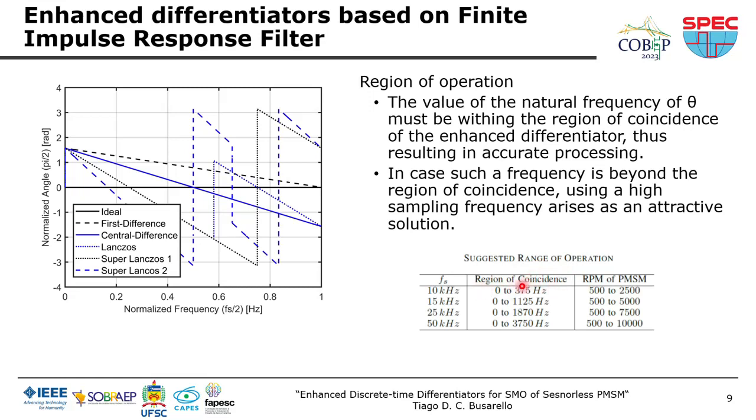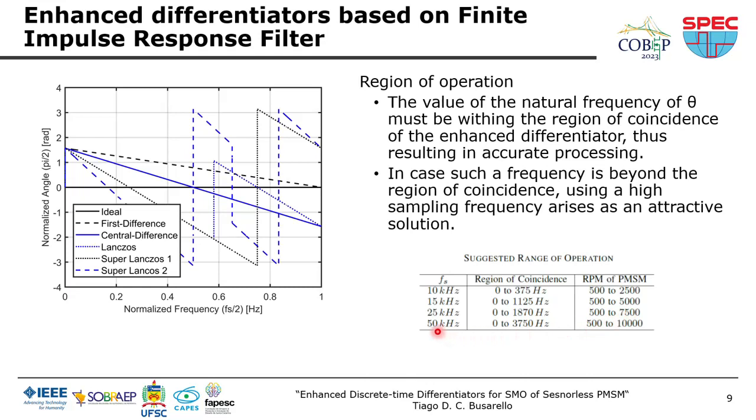This table shows, for instance, that if you apply a sampling frequency of 10 kilohertz, the region of coincidence will be 0 to 375, which means that the machine can work accurately from 520 to 2500 RPM. If you apply a higher sampling frequency, you're going to see another region of coincidence, another region of speed of the machine.